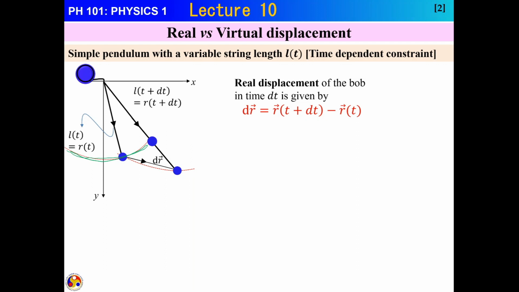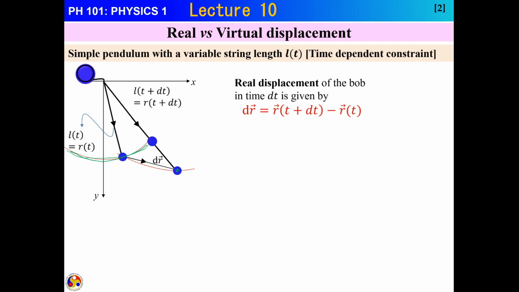Then after the time dt, the length of the pendulum will now increase to this point, such that the increased length dr is described as a real displacement of this particular bob in a time dt, which you are very aware of and therefore no problem. But then this is the real displacement.